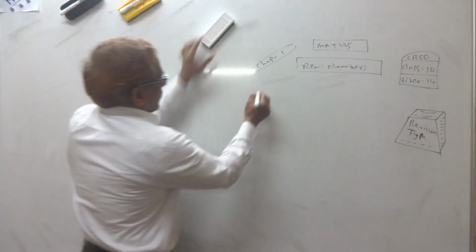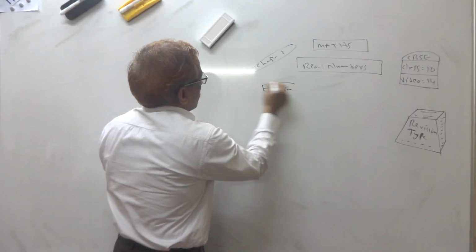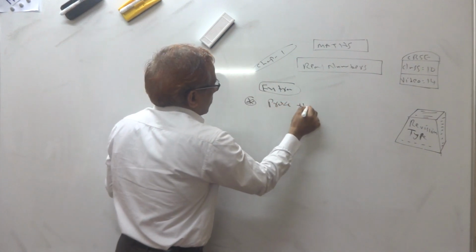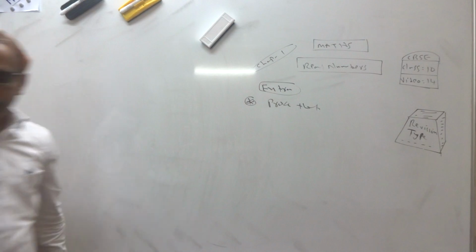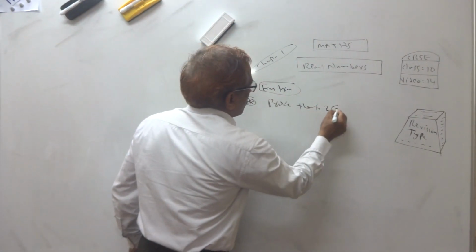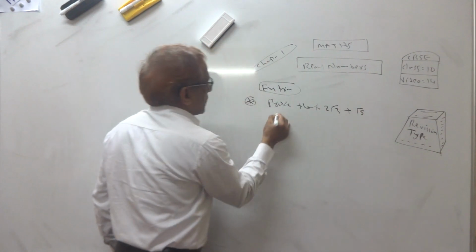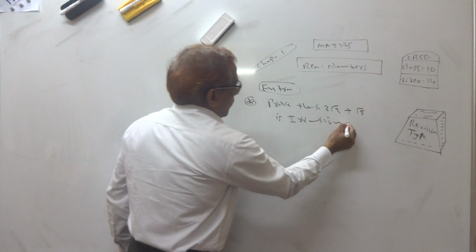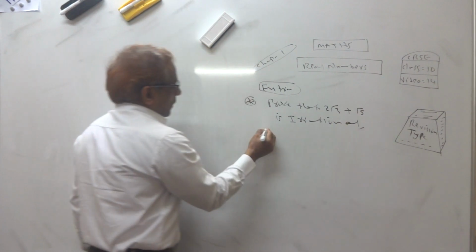So we are doing extra questions. Please see. Prove that 2 root 3 plus root 5 is irrational. This is an important question.